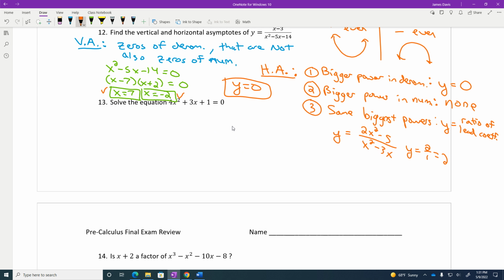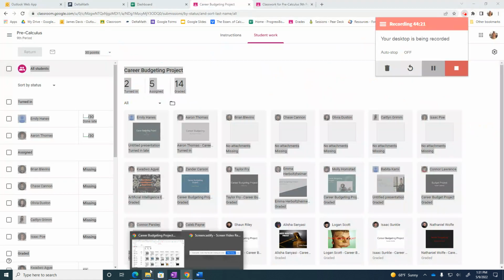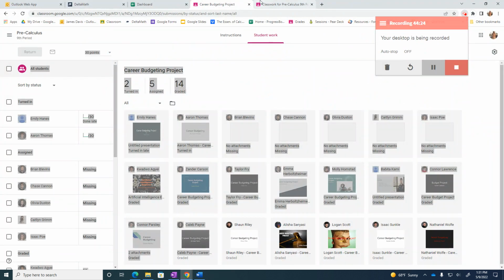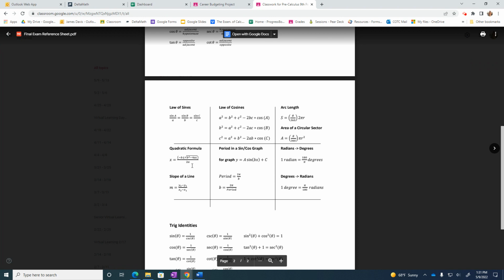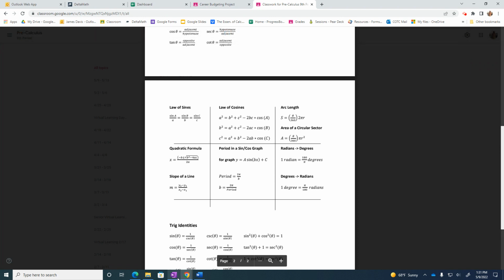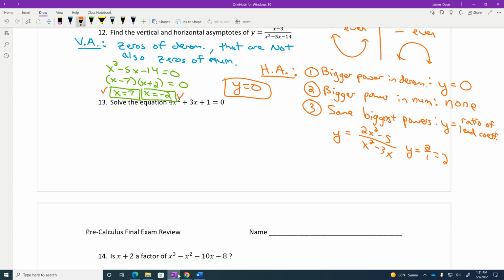So this one is a quadratic formula one, which I do give you in the reference sheet. See, it's on there, quadratic formula. You should know it already, but if you don't, it's there. So we'll have our A, our B, and our C. So x equals -3 plus or minus the square root of 3 squared minus 4 times 1 all over 2 times 4.